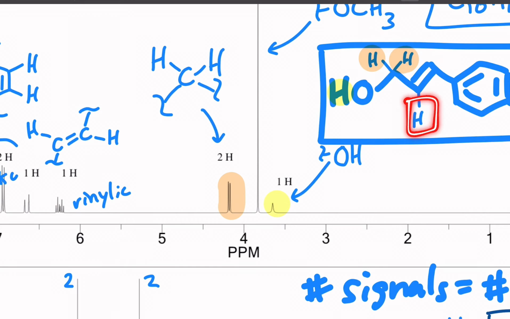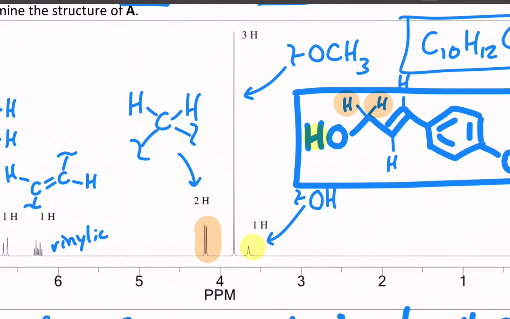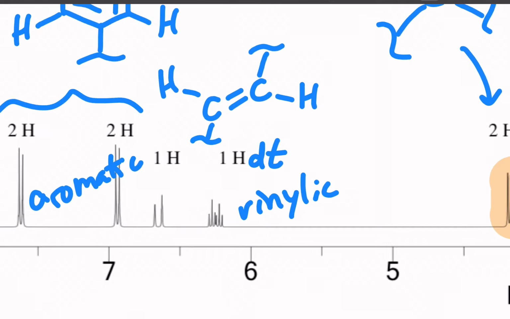What about this 1 hydrogen here? Well, he has those 2 right next to him, but he also has a 3rd on the alkene, and they're very different from each other. So instead of being 3 plus 1, a quartet, you actually get a doublet for that 1 hydrogen and a triplet for those 2. So you get what's called a doublet of triplets, which is often abbreviated DT.